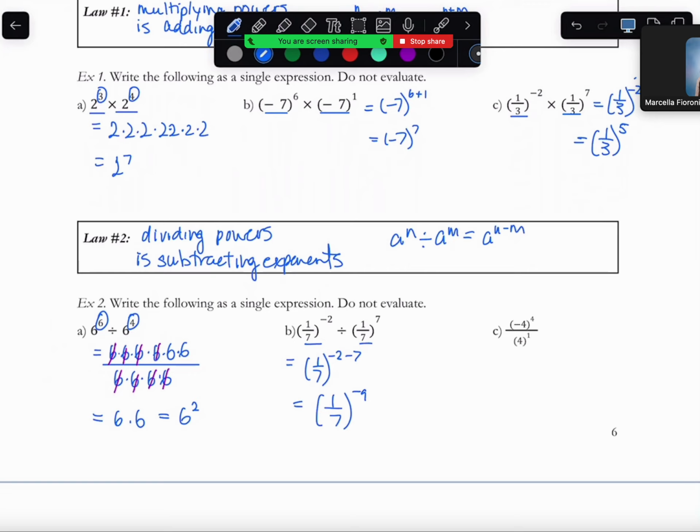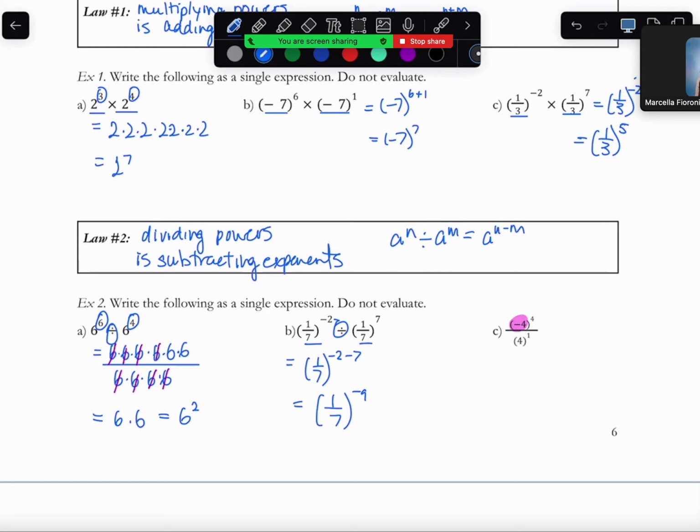It's kind of written in a different way because instead of using the divide symbol, I have this line. But we'll notice that the bases are not actually the same. One is -4 and the other one is 4.